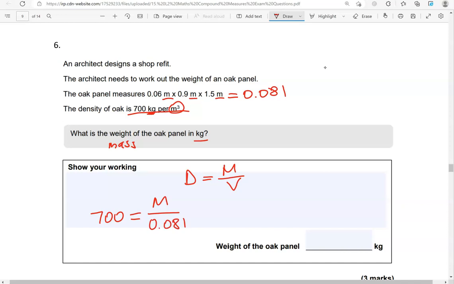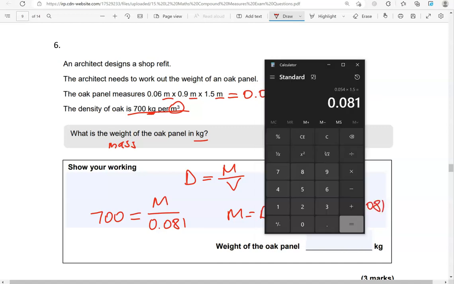So again, working with a triangle, we're working out the mass, which is at the top. So mass is equal to D times V. D is equal to 700 and V is equal to 0.081.